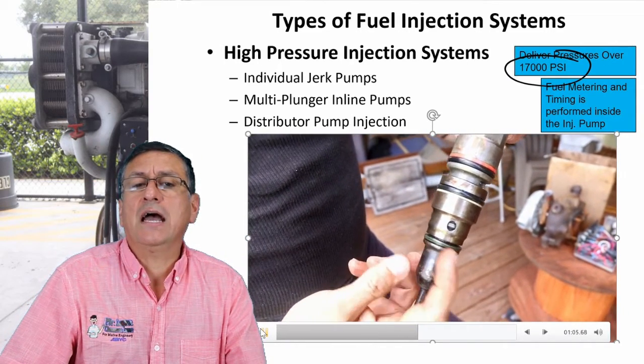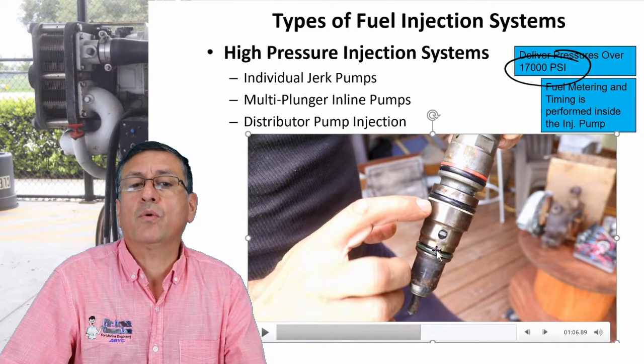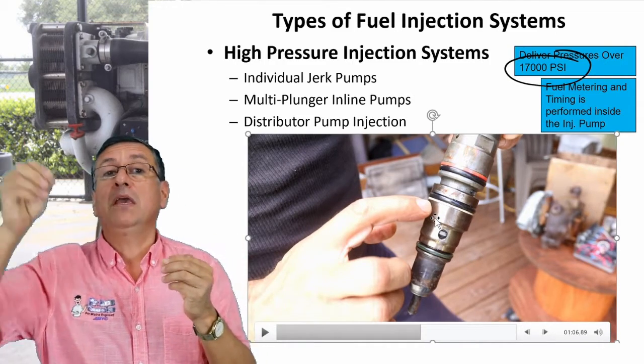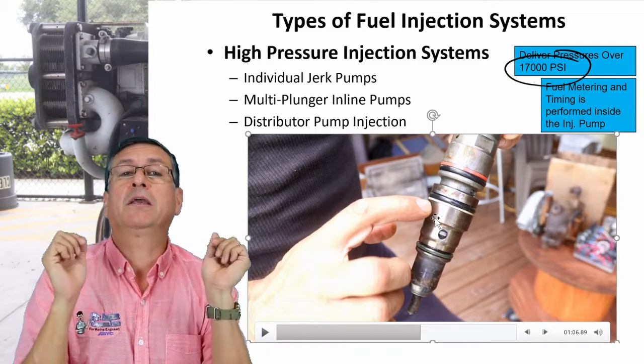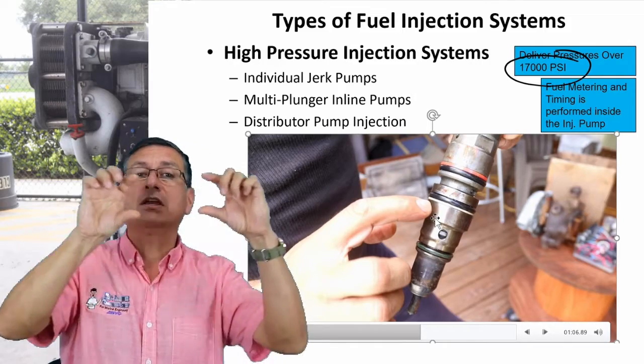Correct. This is the return, and between this and this, you have two O-rings in order to avoid the return fuel being mixed with the oil or other elements on the head, because remember, in the head you have coolant passing to refrigerate the head.